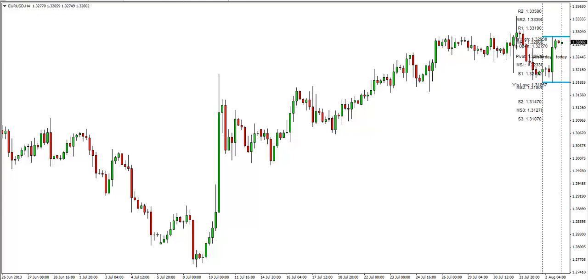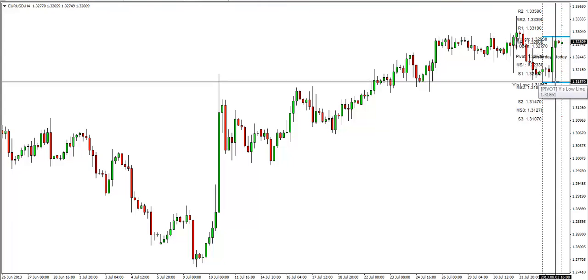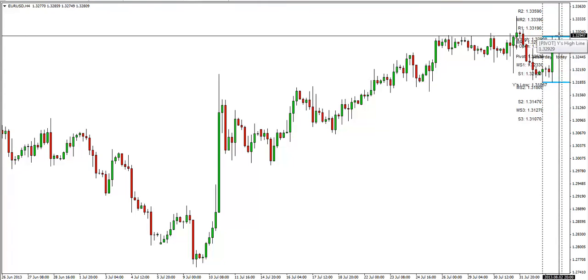With a stop, our stop for this trade is below 1.3180, and our risk is about 120 pips in this location. So again, just to recap, this is our stop area and this is our trigger area.